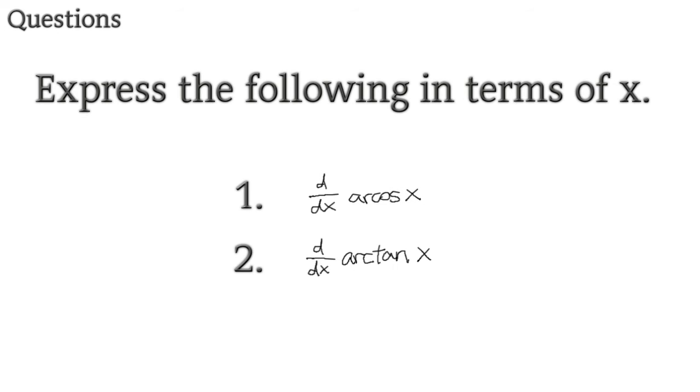Okay, so as I said, you're going to do the arc cos and arc tan by yourself. Arc tan would be slightly more difficult, but it would essentially be exactly the same. You know the standard differential of tangent is sec squared.